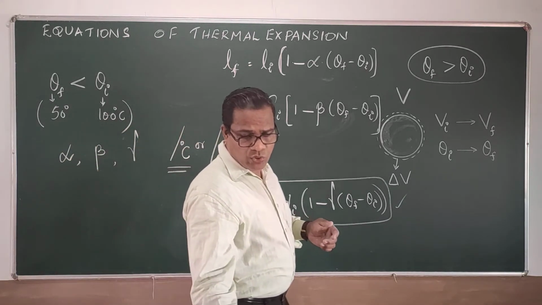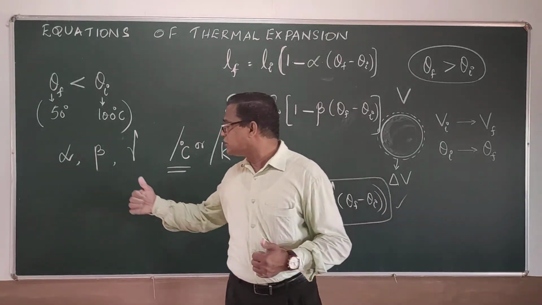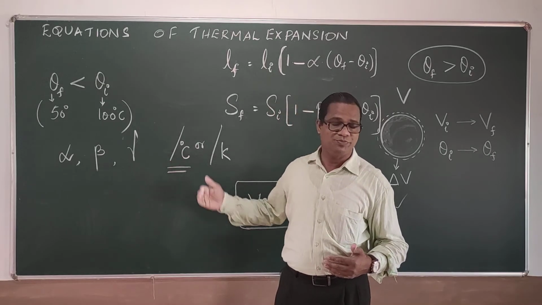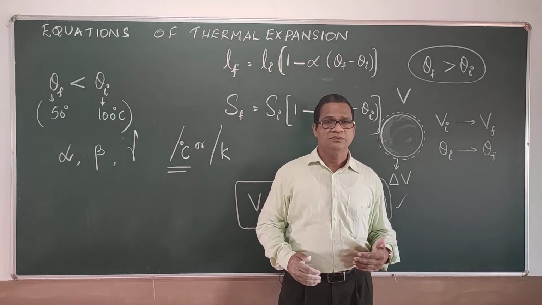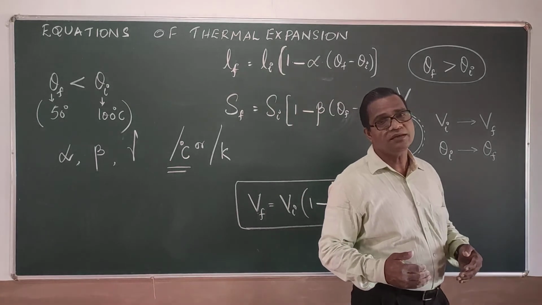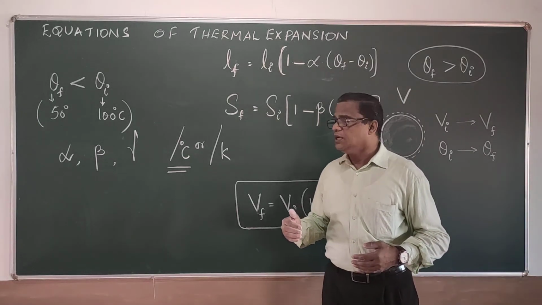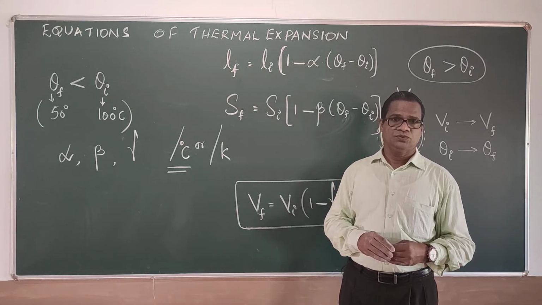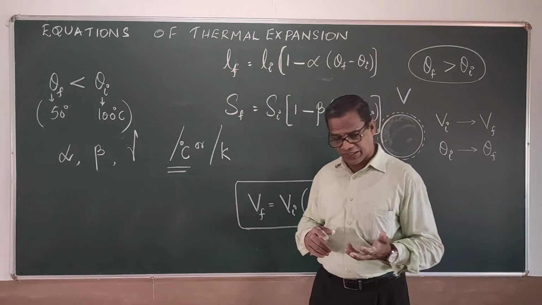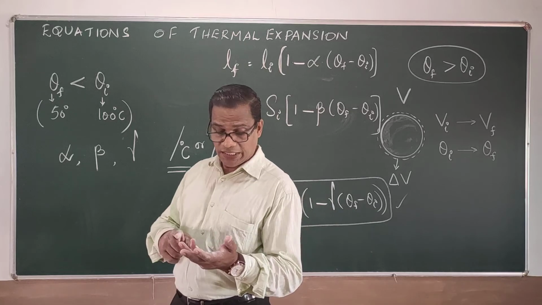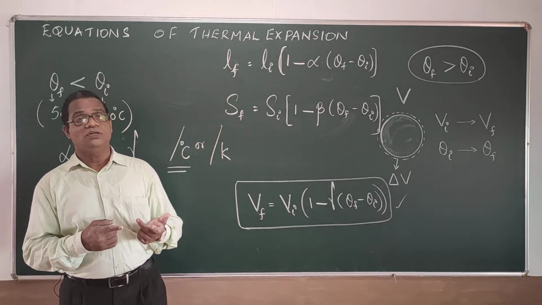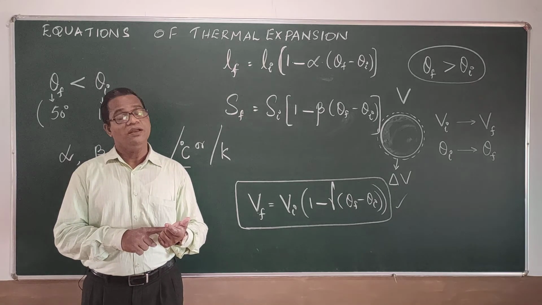So are they equal or different, or is there any relationship between these coefficients of expansion? This is what we are going to see in the next video, and that part is very, very important. So in all these three videos we understood linear expansion, superficial expansion and the third one, volumetric expansion.